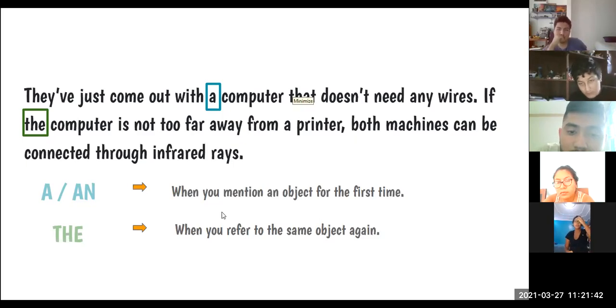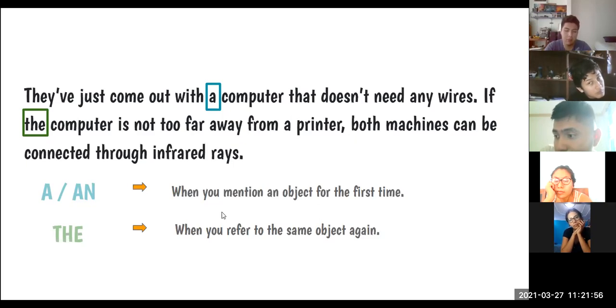I need an English book to the library. The book is about English history. Okay, I need what? I need an English book. An English book, right?